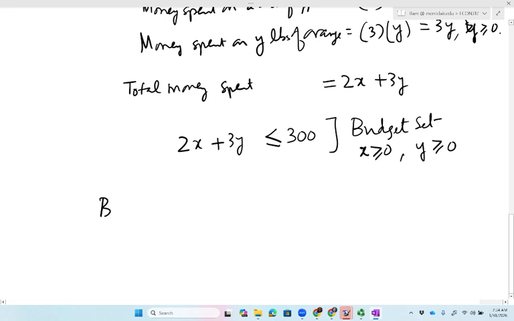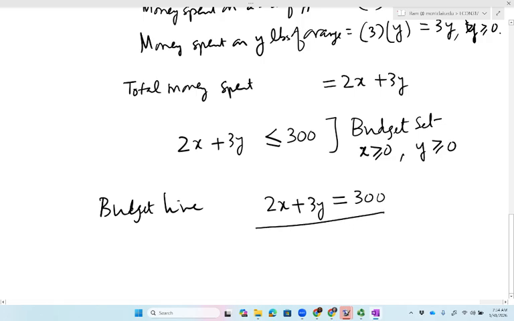I will also now write down the budget line, where we knew the money spent on these two goods is exactly equal to $300. So you can draw a graph for this line and you will see the graph I had drawn earlier is exactly what we will obtain here. And this is a good point to stop.